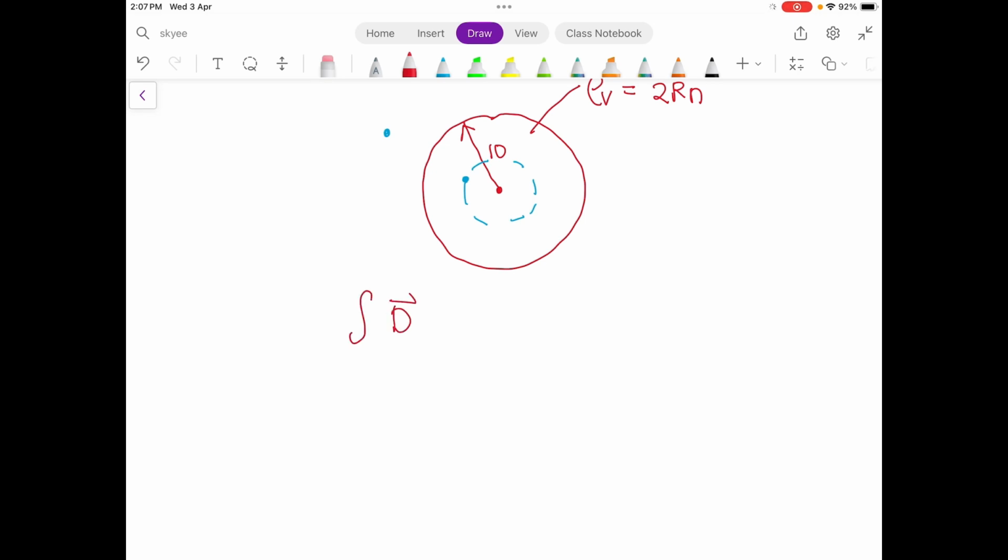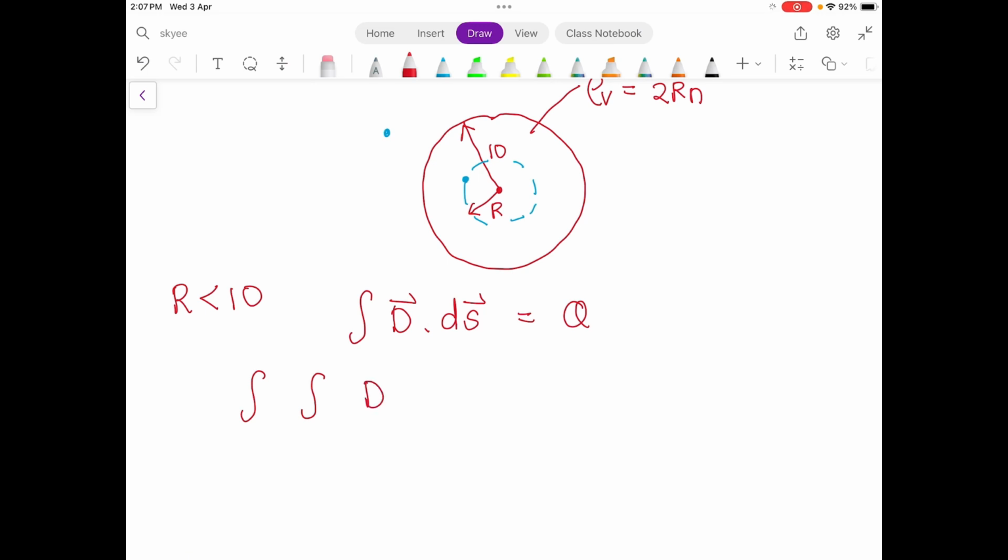Okay, the total flux coming out from the surface will be equal to the total charge enclosed by the surface, right? So this one is R. In this case, our R is less than 10, so we apply this.